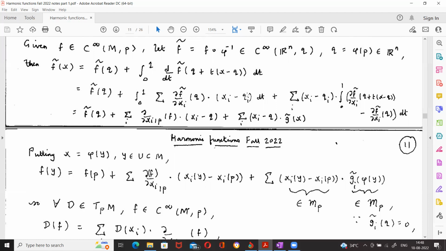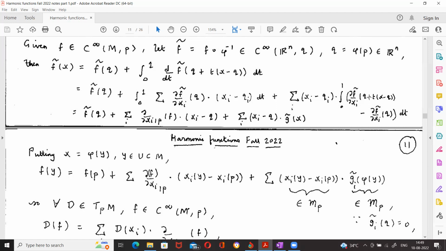Okay, this qi is xi of p, this xi is xi of y. Plus, what is this last term here? It's a sum of xi of y minus xi of p, that's this term, into some function gi tilde of phi of y, right? Where gi tilde is this function of x.